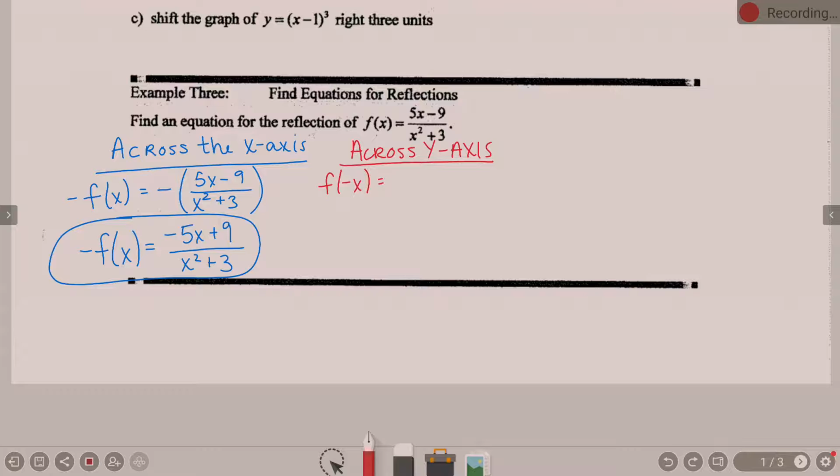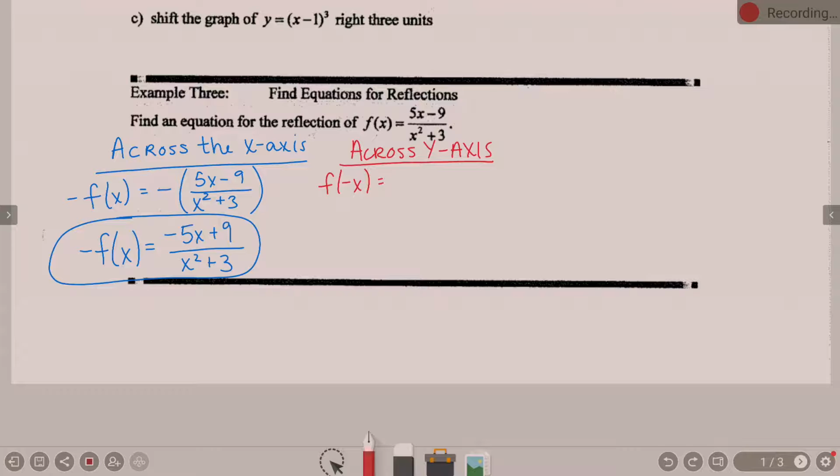We're talking reflections here. How do I do the math here for f of negative x? Every place I see x, what am I going to replace it with? Negative x.